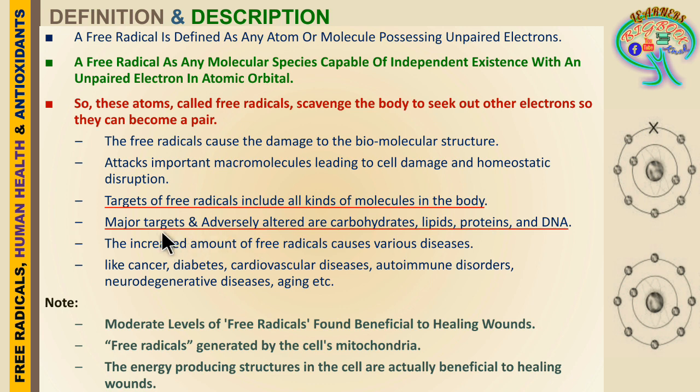Now, when you are going to consider the major targets that are adversely altered: the carbohydrates present in the cell membranes or biomembranes of the cell, the lipids, which are also present in the biomembranes, the proteins, which are present both in the biomembranes and within the cells, and the DNA, which is the nuclear material.